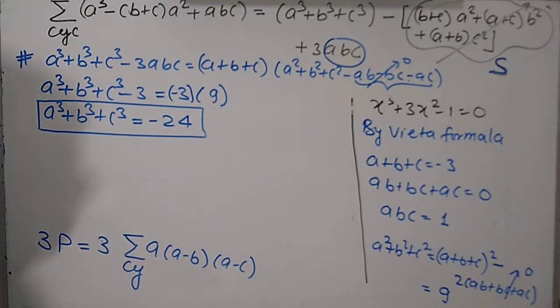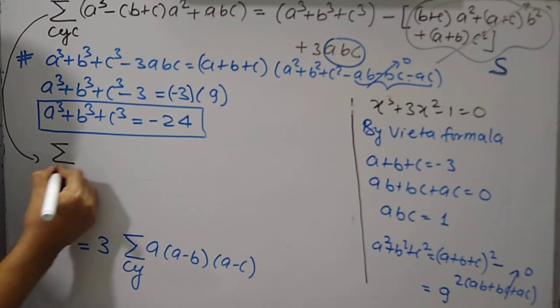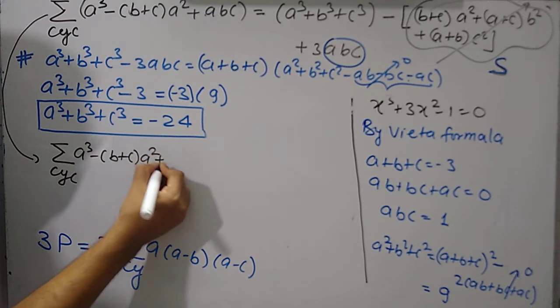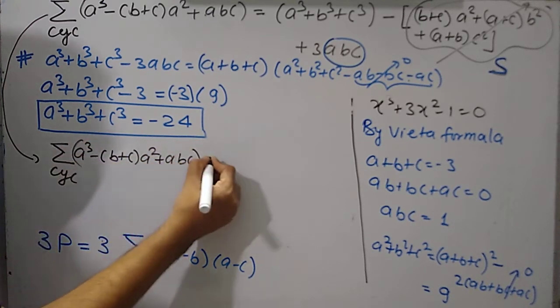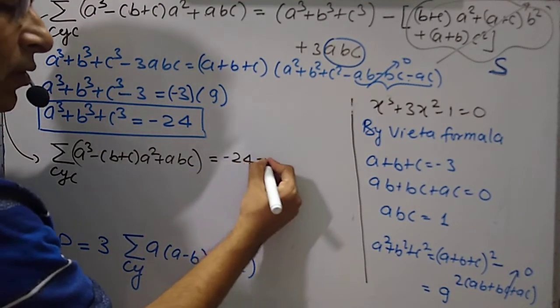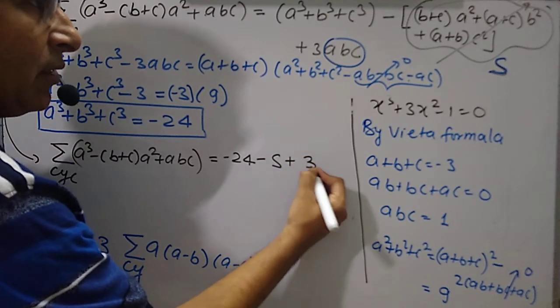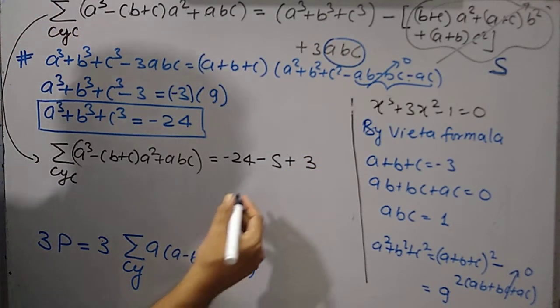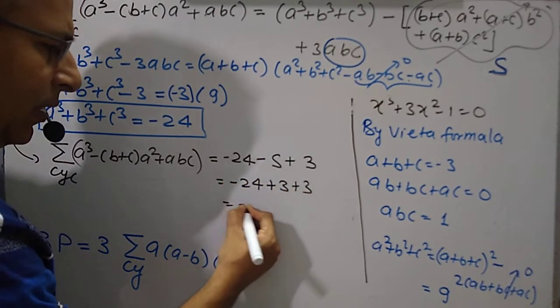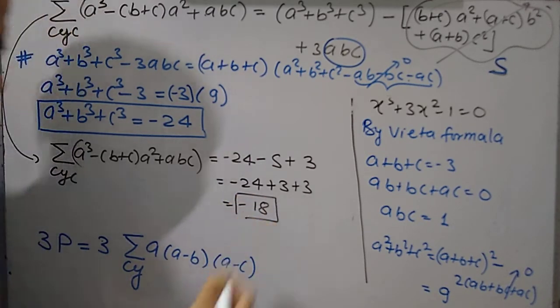Now we substitute this value. This cyclic summation of a cube minus (b plus c) times (a square plus bc) plus abc equals a cube plus b cube plus c cube, which is minus 24, minus S plus 3, and S is given as minus 3, so we get minus 24 plus 3 plus 3, and this value is minus 18.